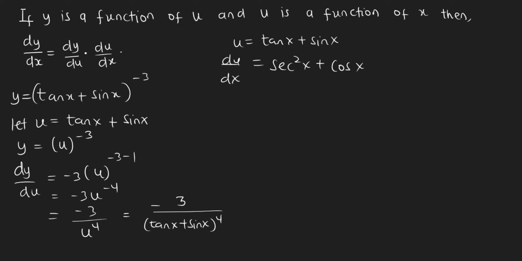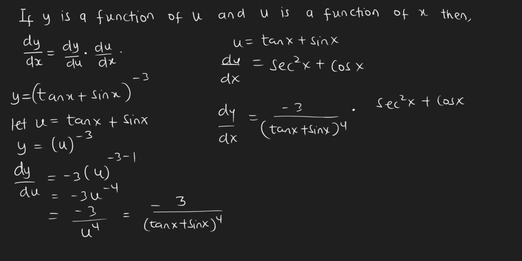Now let's do the substitution. We're going to have dy/dx to be equal to dy/du, which is minus 3 divided by (tan x plus sin x) to the power 4, multiplying du/dx, which is sec squared x plus cosine of x, right?